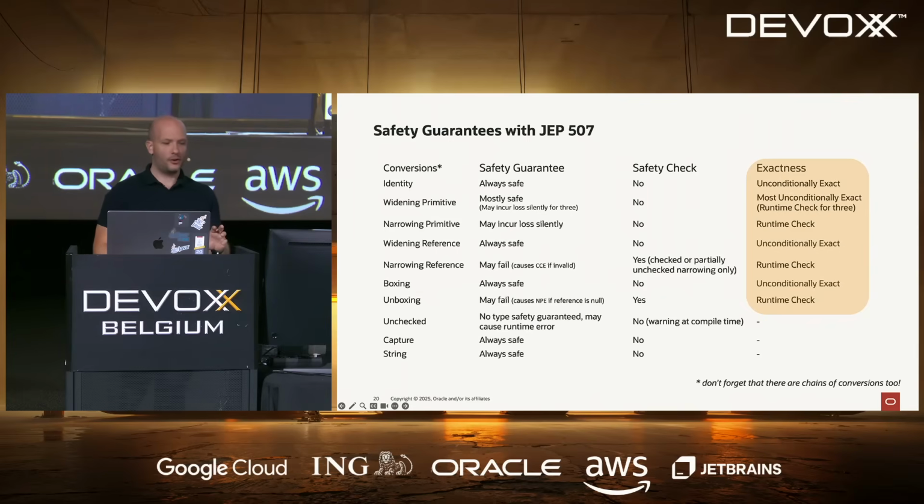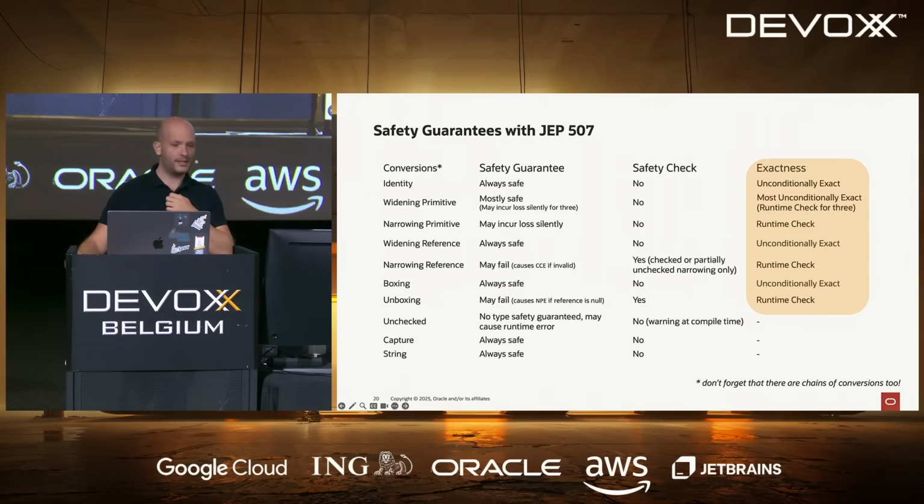Here is a catalog of all the individual conversions that the Java language supports. Plus, there are some chains of conversions, but these are not very important for us now. Identity, mammal to mammal in the beginning. It's always safe. There's no safety check, of course. It's unconditionally exact. Widening primitive, mostly safe. So most of them are unconditionally exact, and there is a runtime check to figure out safety for those that can be lossy.